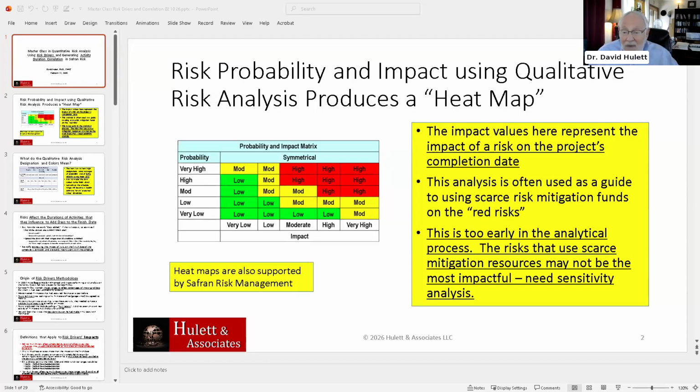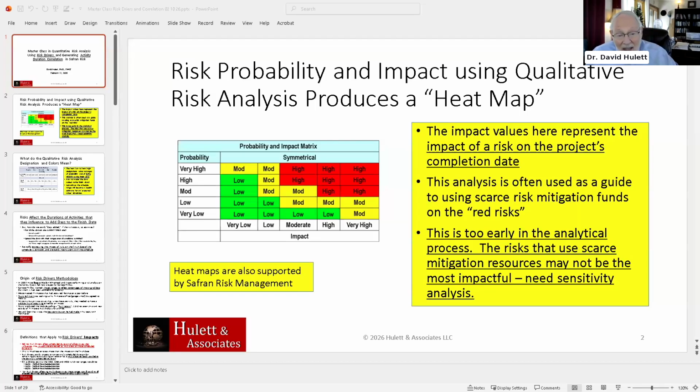Okay, and so this analysis is often used as a guide to use scarce risk mitigation funds on the red risks too. I've got clients who take this and look at the red risks and they say, okay, we can start mitigating those right away.